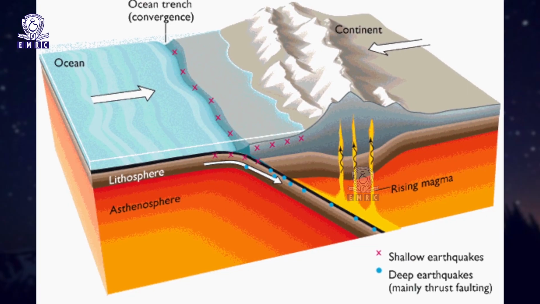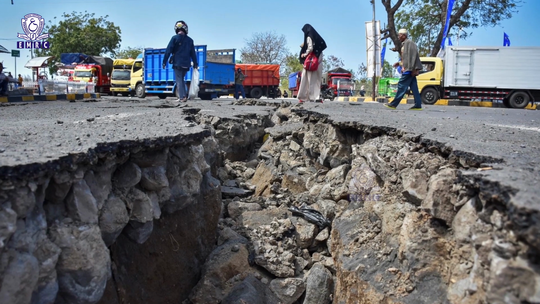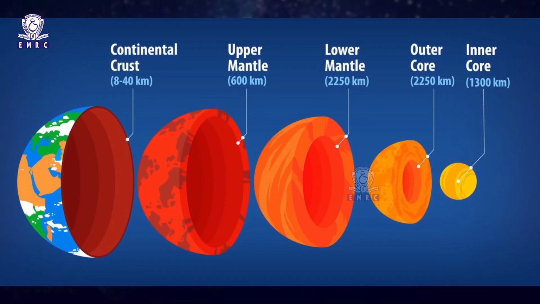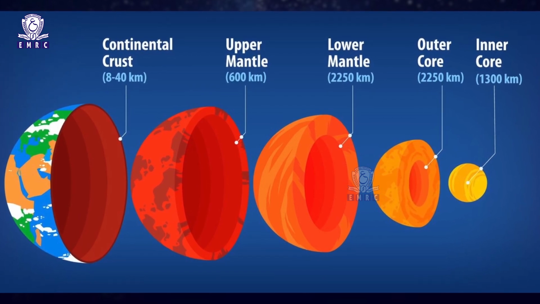Benioff and Wadati and others wondered what could cause such a pattern of deep earthquakes. A plot of various earthquakes and their pattern revealed as if the Earth's crust or the lithosphere is divided into parts.